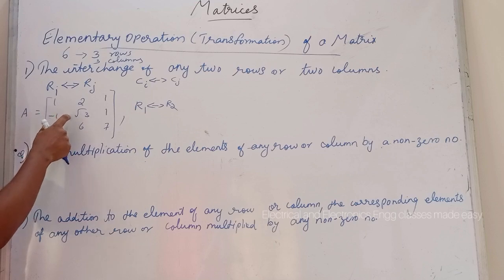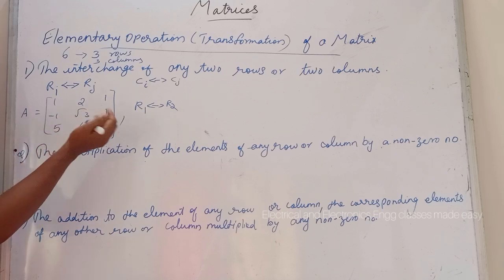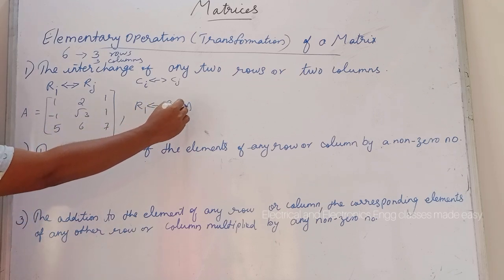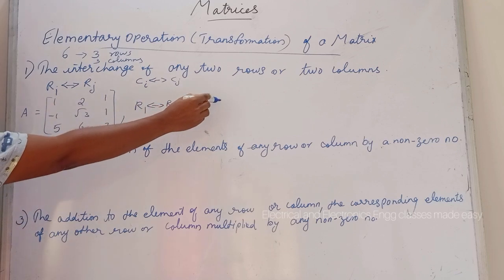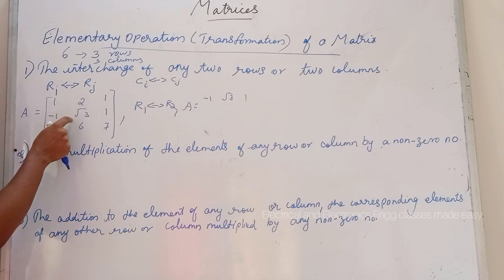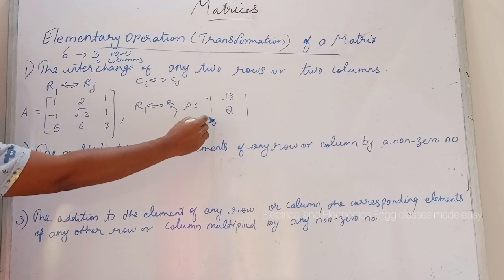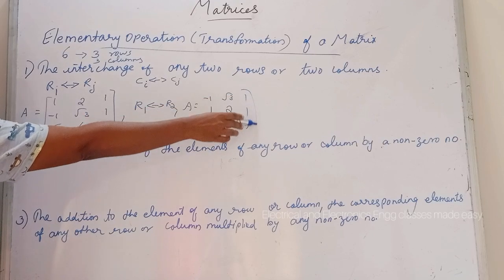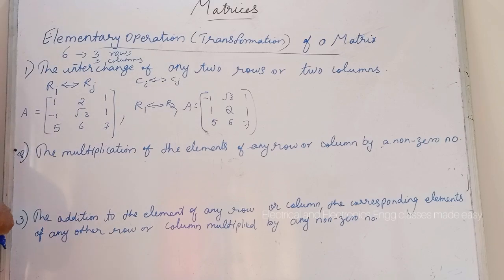R1 is interchanged with R2 means the first row is interchanged with the second row. So we can write A is equal to, now the first row is the second one, that is minus 1, root 3, 1. So first row becomes the second one, that is 1, 2, 1, then 5, 6, 7. This is similar in the case of columns.